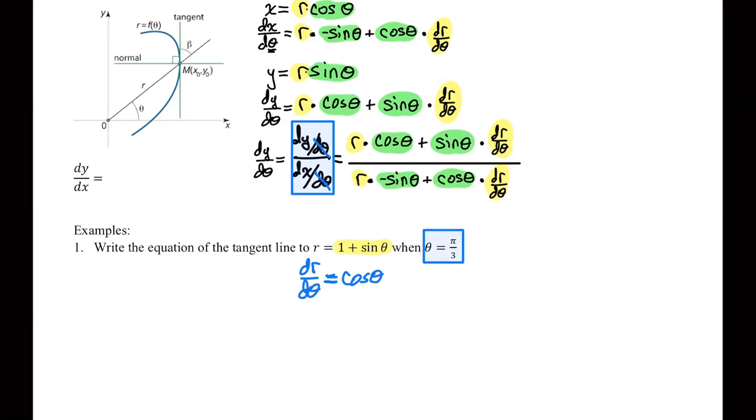And then it even tells me what theta is. So replacing the r with 1 plus sine theta, replacing dr d theta with cosine theta, and then replacing all the thetas with pi over 3 would allow me to compute the value of dy dx numerically, right? It's knowledge of the unit circle again, but it's all there.